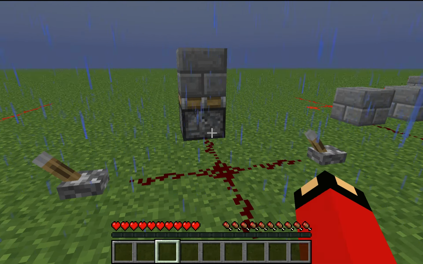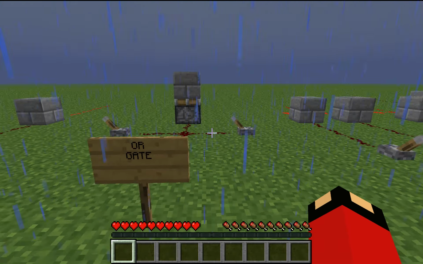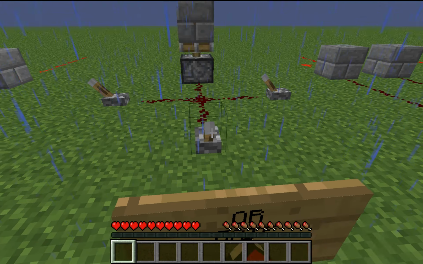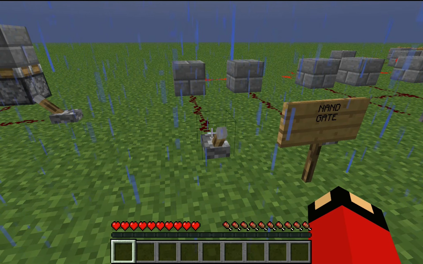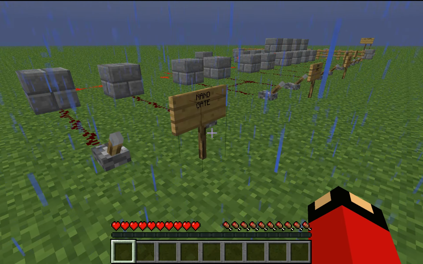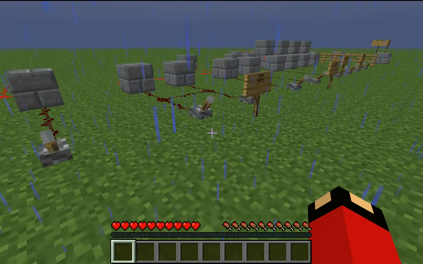No changes, no matter what combination you do, it will always turn the output on. Unless you have it on at the start, then it'll turn it off, but you know what I mean. Let's go to the AND gate because it'll help you explain this gate.